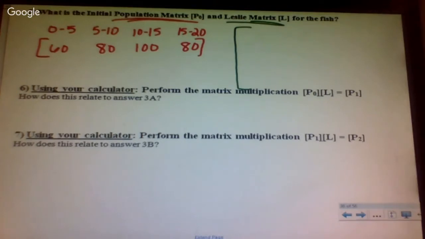If you look at the chart on the page before, 0 of my fish between 0 and 5 years have babies, 50% or 0.5 of my 5 to 10 year fish have babies, 80% or 0.8 of my 10 to 15 year olds have babies, and 0 of my fish between the ages of 15 and 20 have babies. So this first column is always your birth rate.